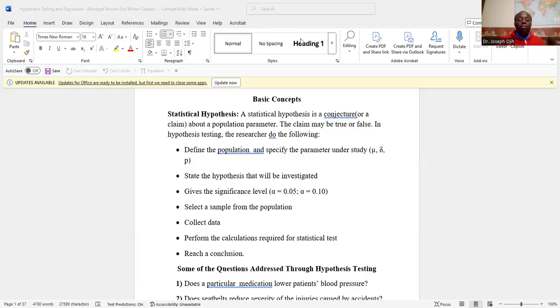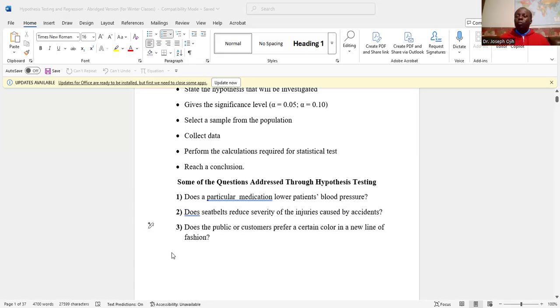Then we choose the significance level, alpha, 0.05. If it's 0.05, that means the chance of your hypothesis being wrong is 5%. And if it is 10%, 0.10, the chance will be 10%. Then we select a sample from the population, collect data on them, and perform the calculations required. We then reach a conclusion.